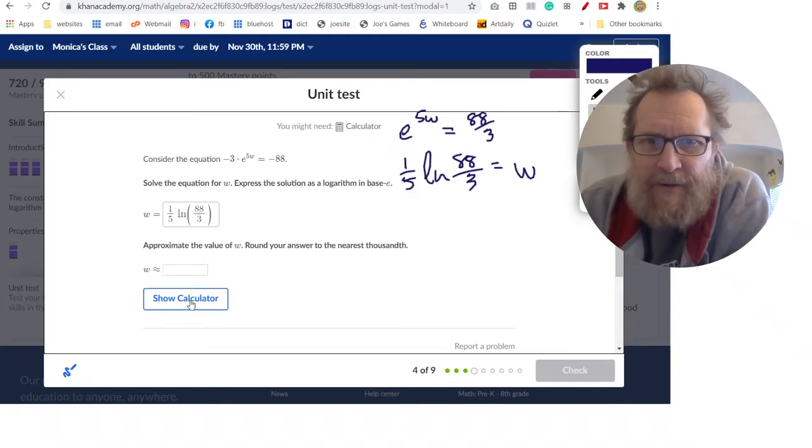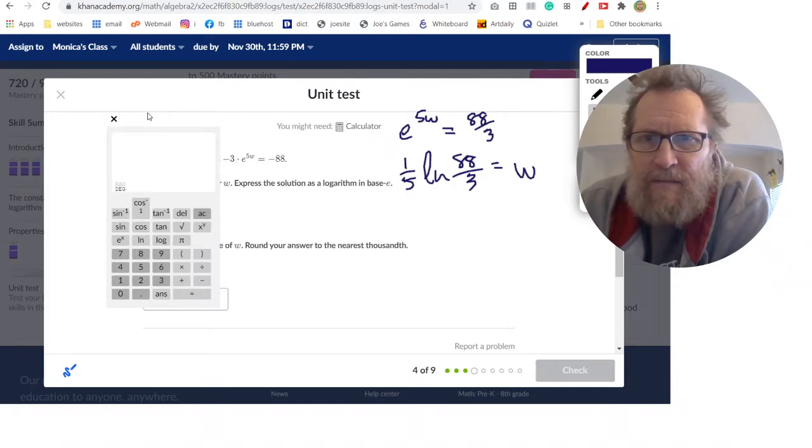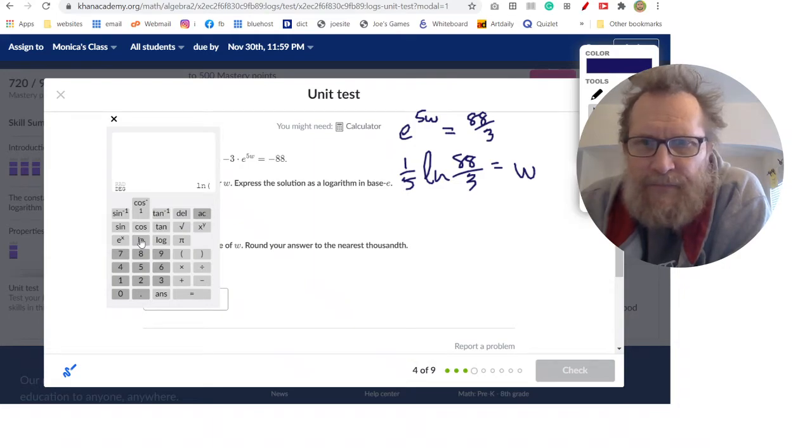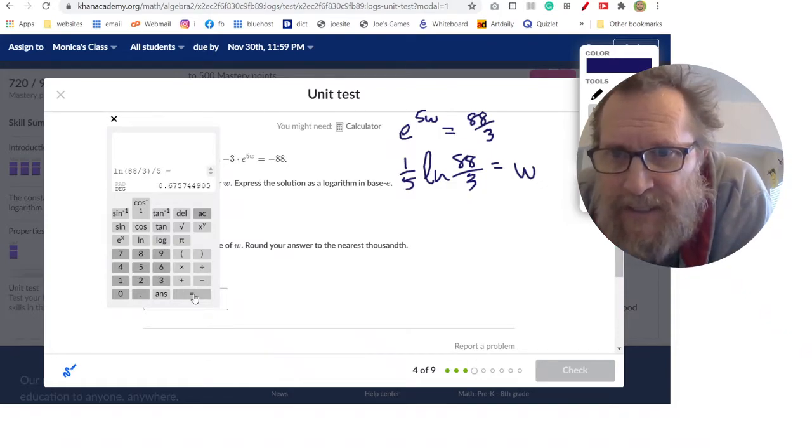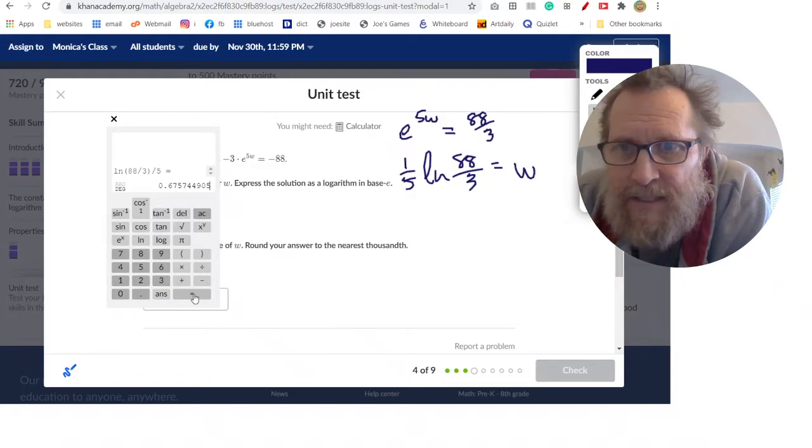Approximate the value for w, round your answer to the nearest thousandth. This time, though, I'm just going to do natural log 88 divided by 3, and then that's divided by 5 equals 0.676.